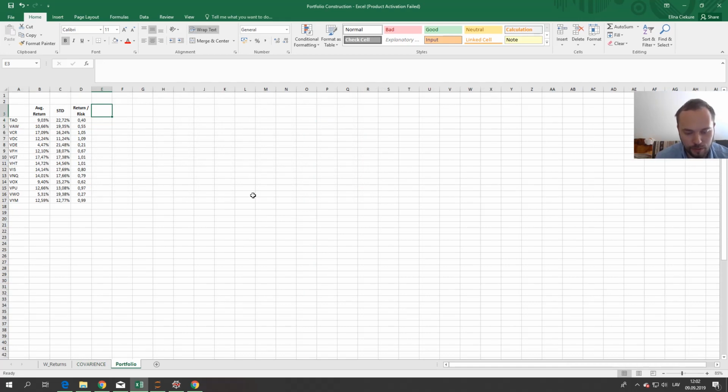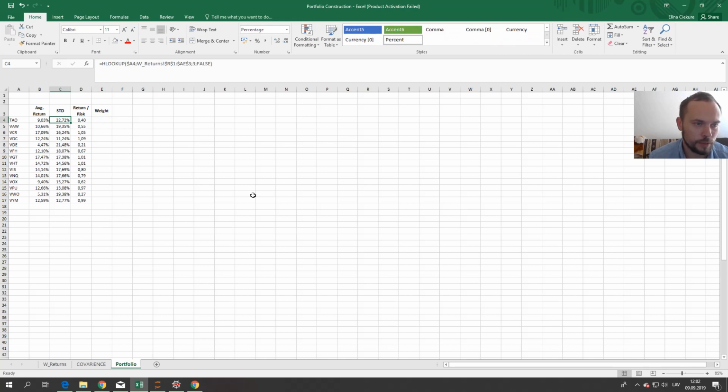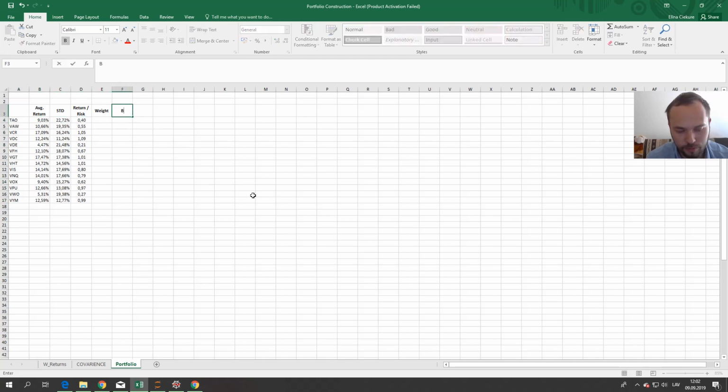So what I usually do with optimizations, I do an equal weight portfolio. We have 14 assets. We'll also have a sort of benchmark portfolio against which we will check how we look.